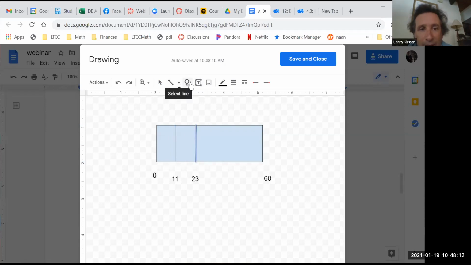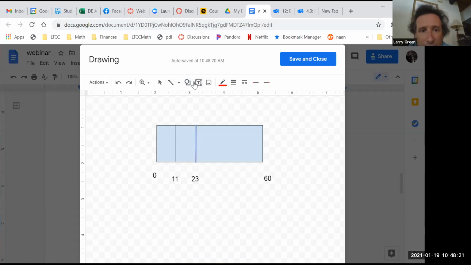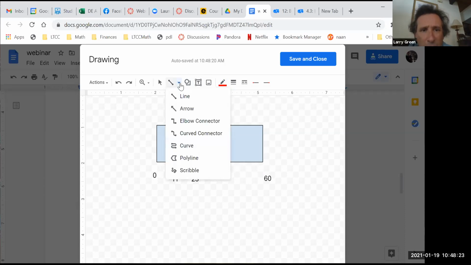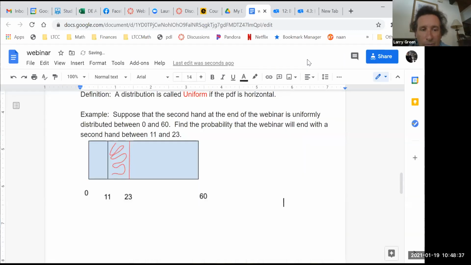And I want the area, so let's go to scribble. And I want that area. Any questions on the picture?